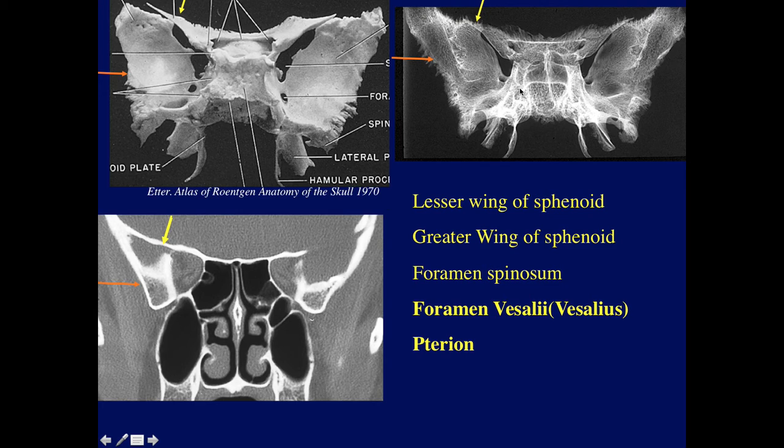And if we look at the isolated sphenoid bone that I radiographed here, in a similar view, again we see the lesser wing of the sphenoid here. This would be the optic canal. This is the greater wing. This is the greater wing of the sphenoid looking from behind, forming the floor and anterior wall of the middle fossa. So if we look at this coronal CT, this is the lesser wing of the sphenoid, and this is the greater wing.